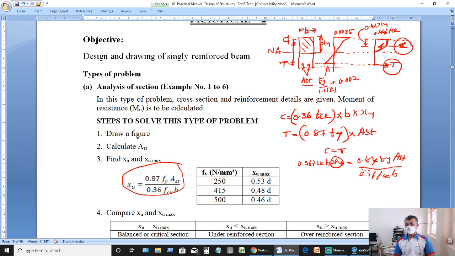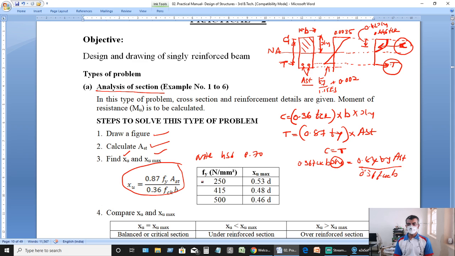First of all, for the problems of analysis, there are two types of problem. One is called the analysis of the section. In that you draw the figure, then you find out the AST, then you find out XU and XU max. XU you find through this equation, and XU max is the note given in code 456 on page number 70.